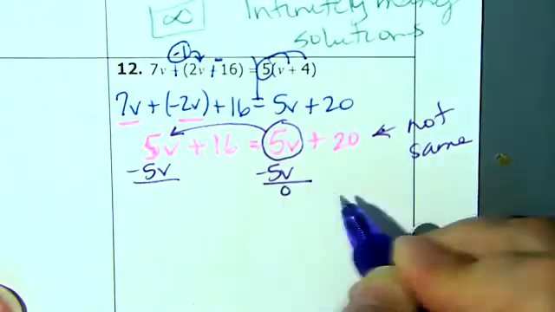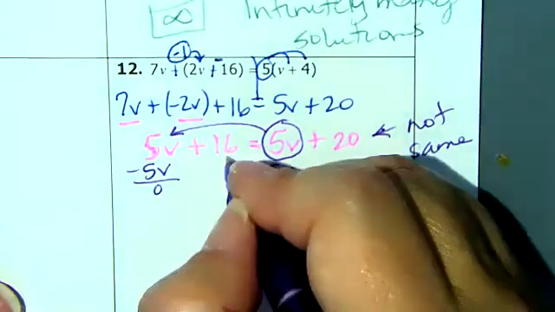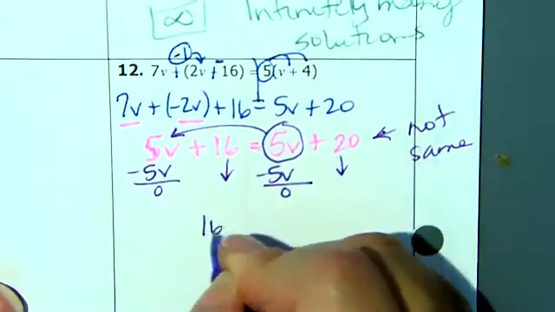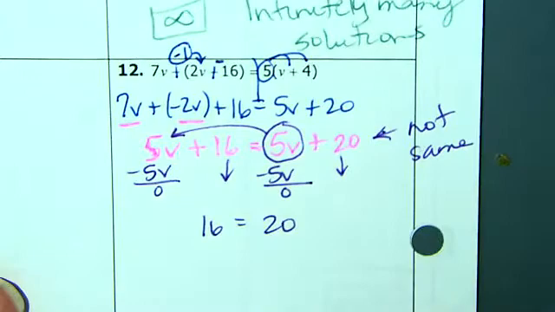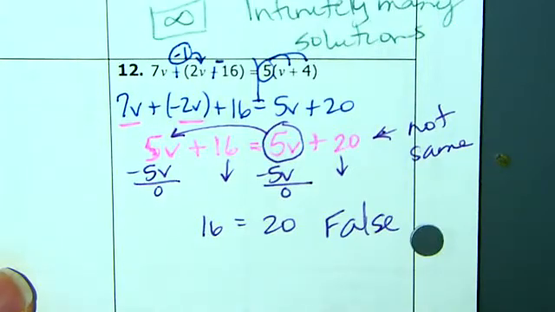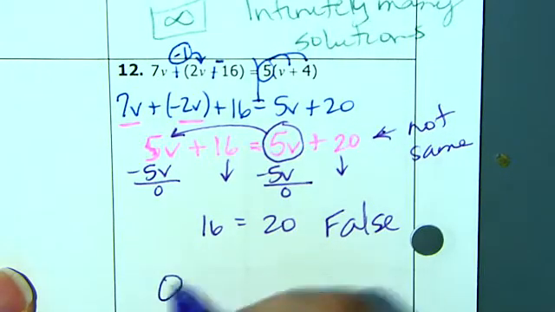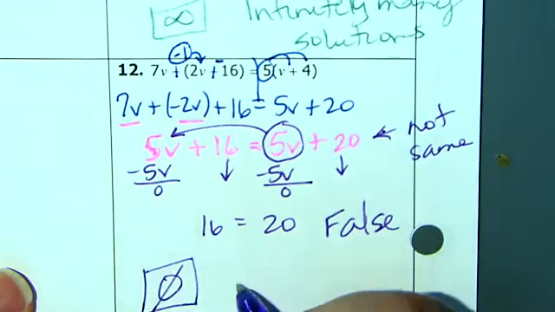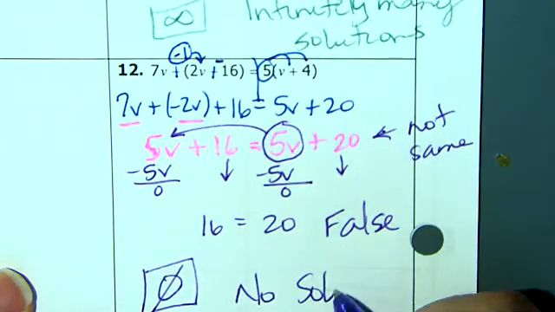And this equals 0, this equals 0. Bring down the rest. 16 equals 20. That ain't true. 16 does not equal 20. So this is a false statement. So my answer is the circle with the line drawn through it, or the words no solution.